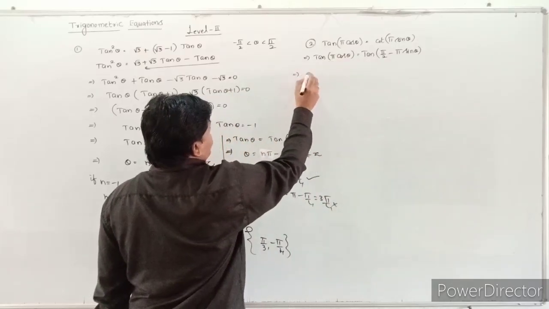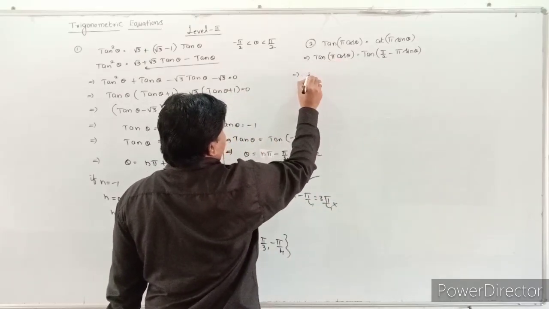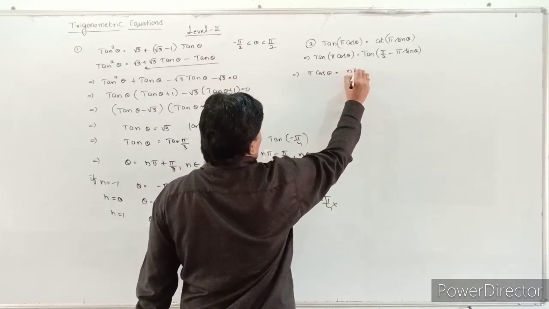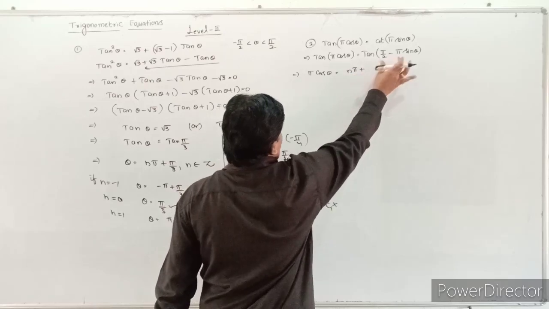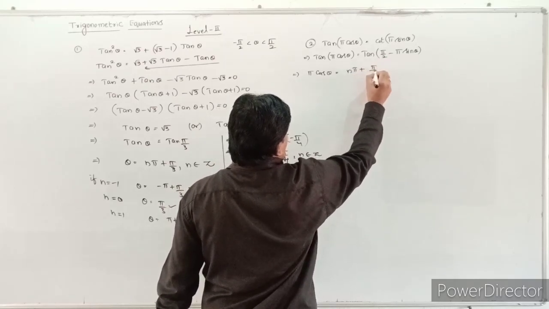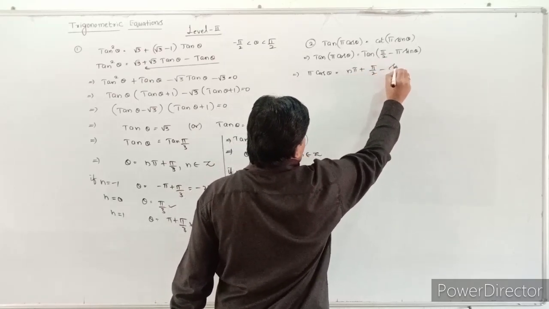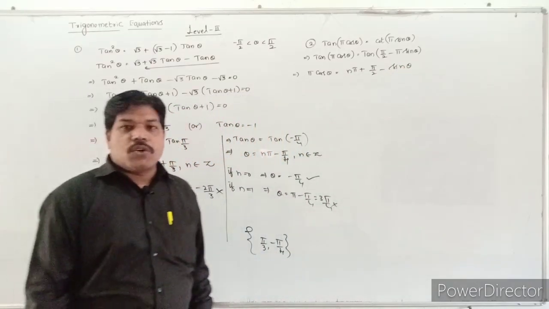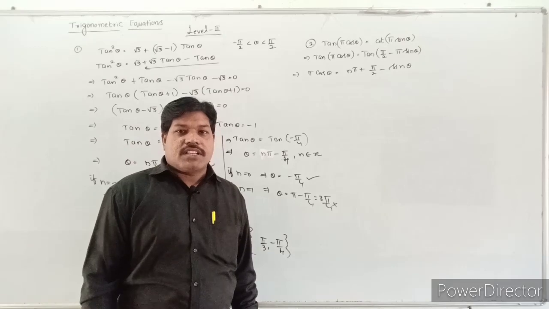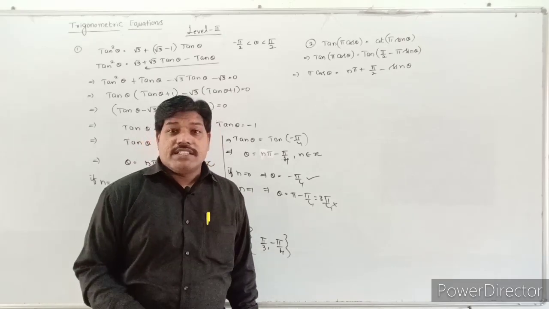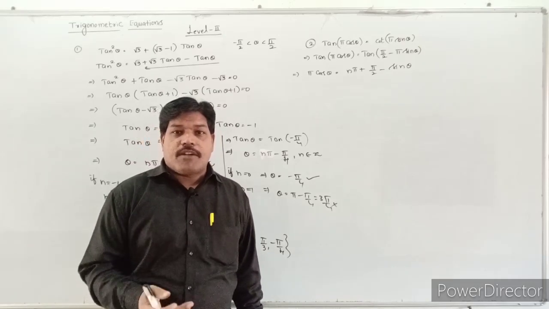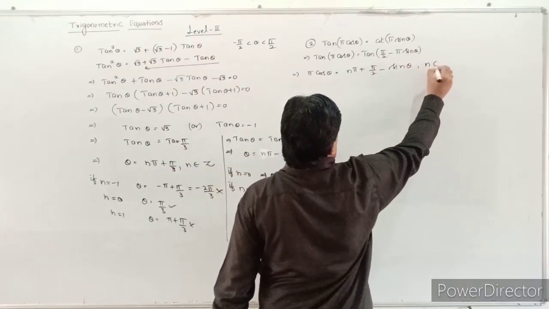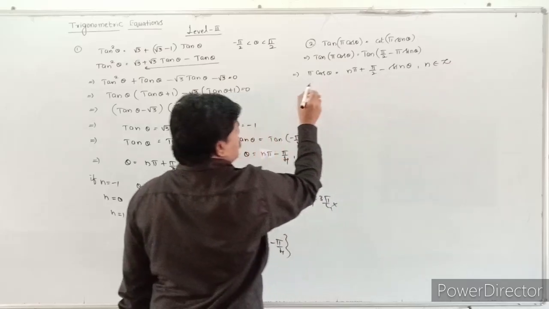What is the formula? Here theta is pi cos theta, that is equal to n pi plus alpha. Alpha value is pi by 2 minus pi sin theta. Tan theta is equal to tan alpha is nothing but theta is equal to n pi plus alpha, where n belongs to z.